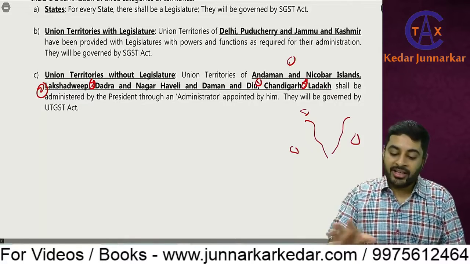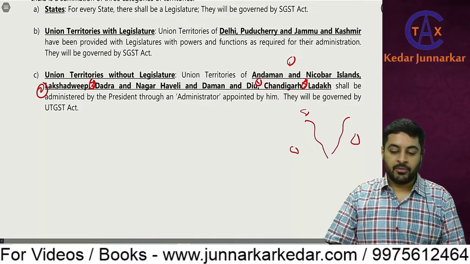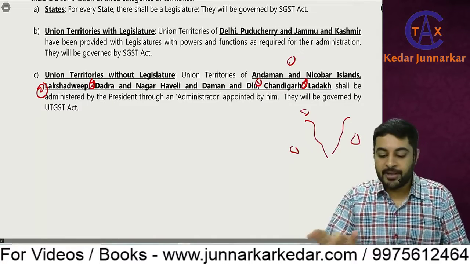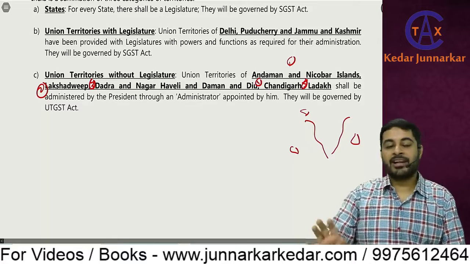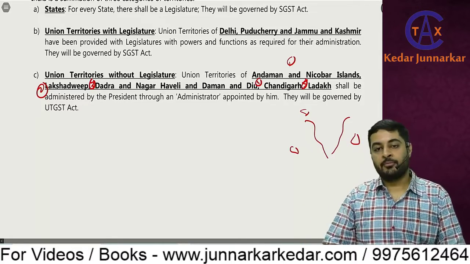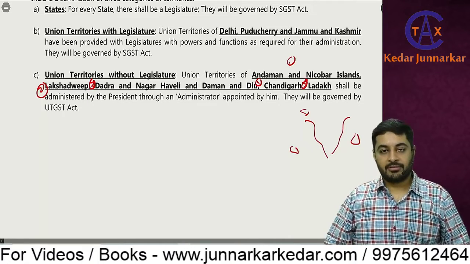So here there is no governor, there will be an administrator. There won't be any state government, or any chief minister of Daman and Diu or Andaman and Nicobar Islands. The central government will appoint a person called an administrator, and he will do the administration work.